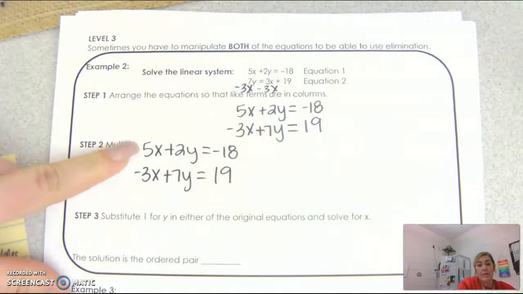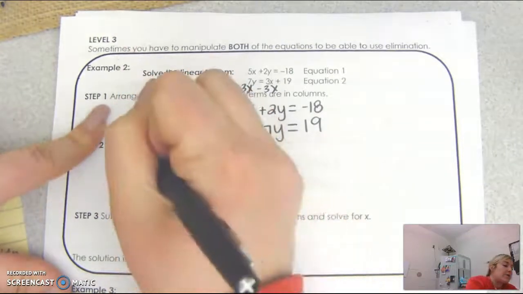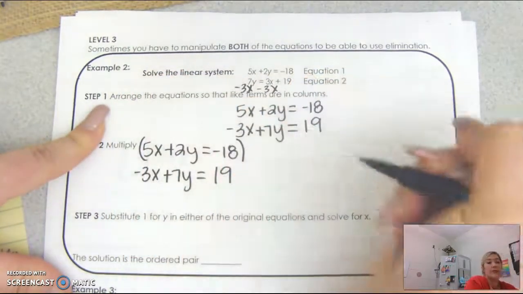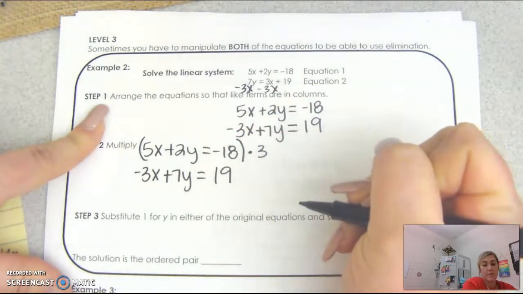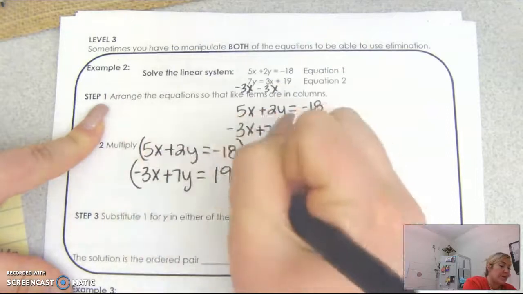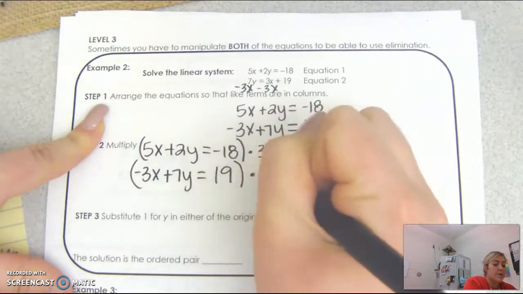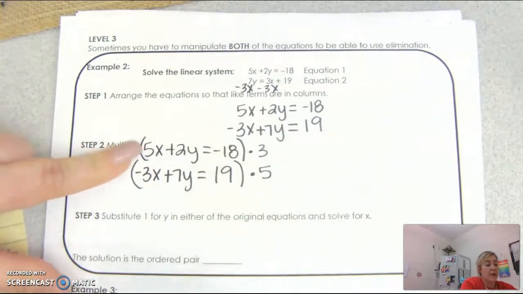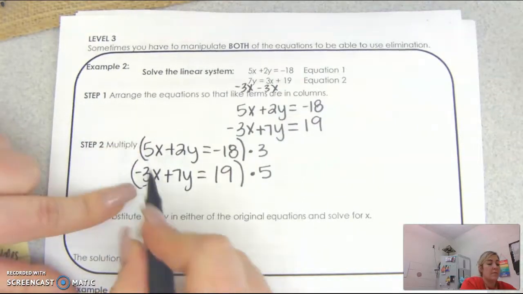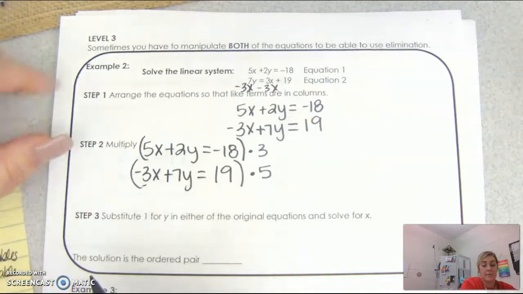In order to get the x's to eliminate, I'm going to need to multiply the entire top equation by 3. And I'm going to multiply the entire bottom equation by 5. So I multiply the top by this number and the bottom by that number.